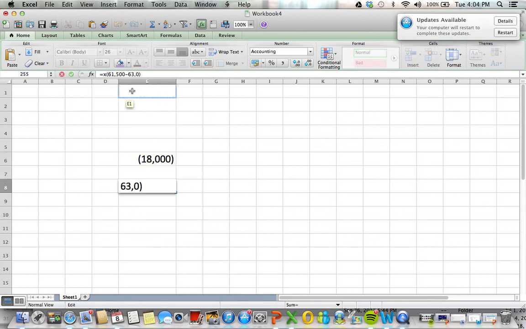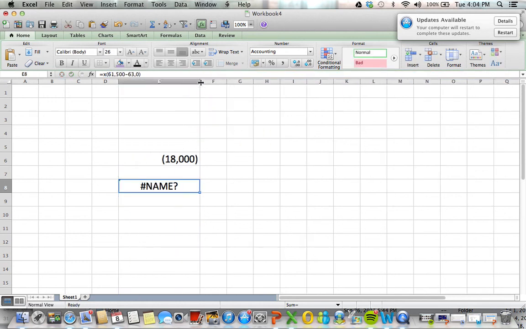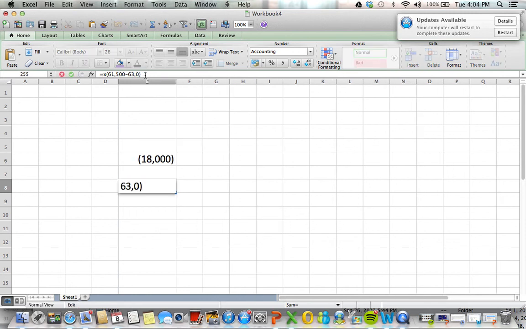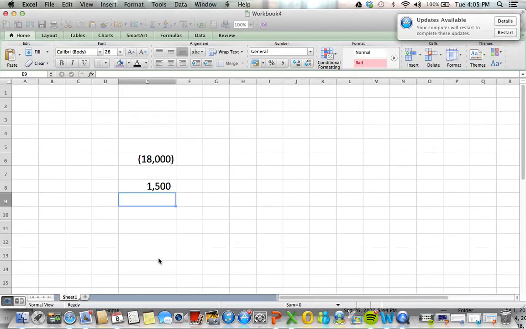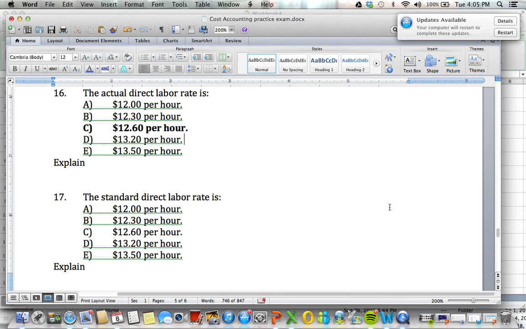I mean, the idea is that we have this here as a number. But say we just look at it. The idea is we have 1500x. At the end of the day, we know that we had 63,000 and we came in at 61.5. So we were favorable by 1500 hours. We know that.